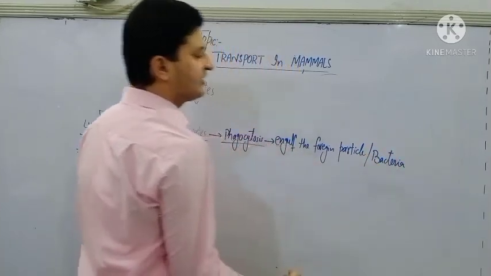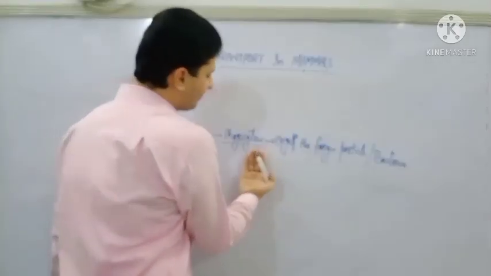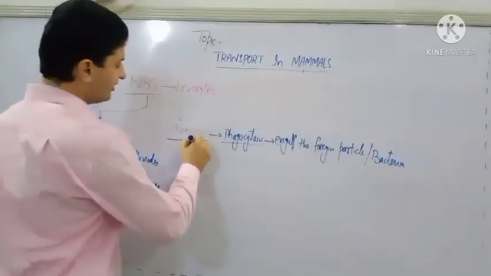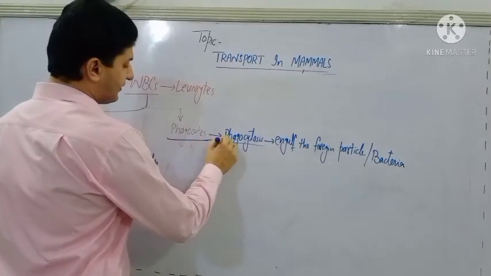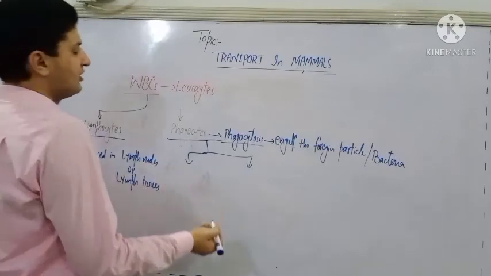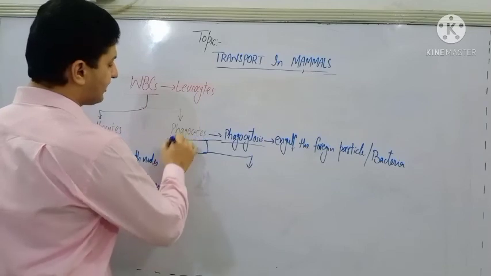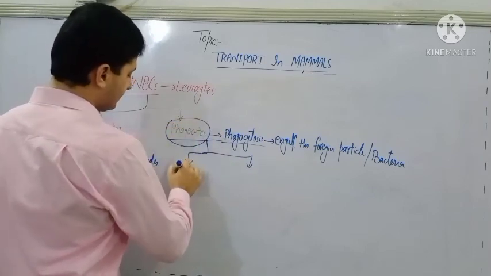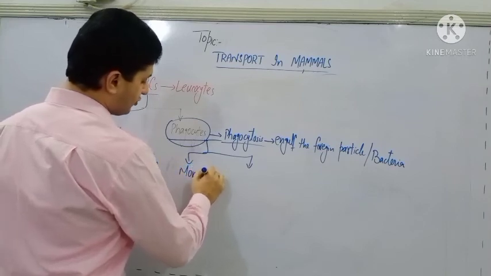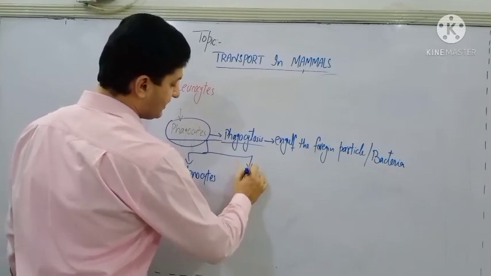If bacteria are there in our body, then these phagocytes do the process of phagocytosis and engulf those bacteria. There are two main types of phagocytes. Common types, two types of phagocytes. First is monocytes and second is polymorphs.